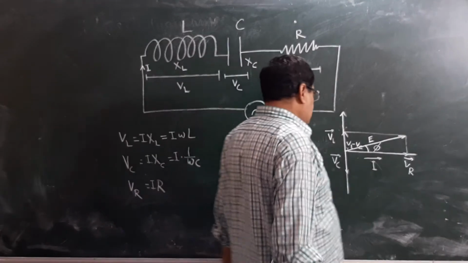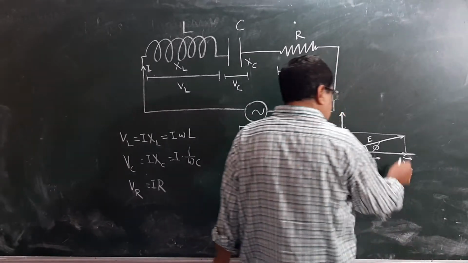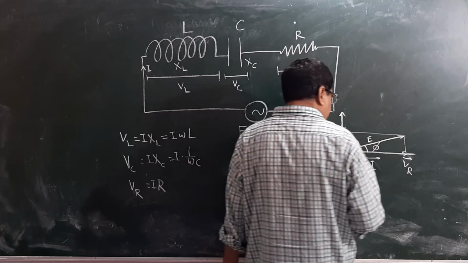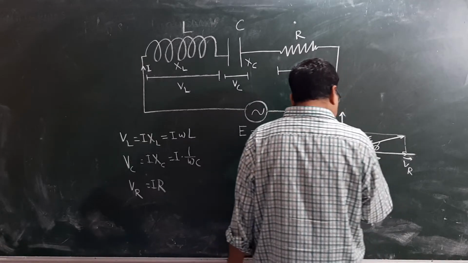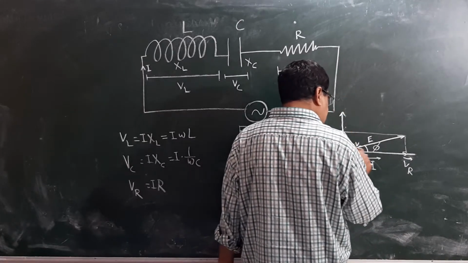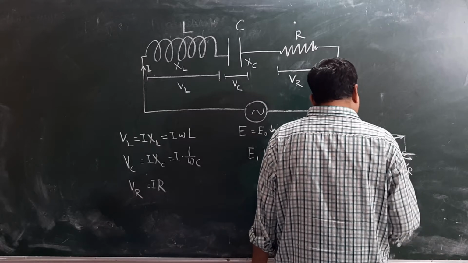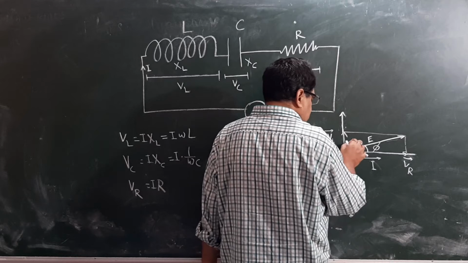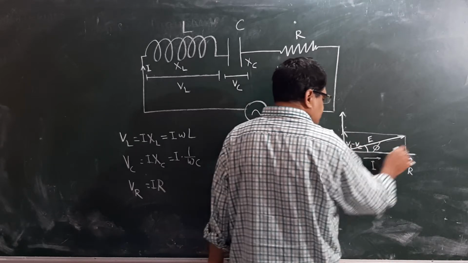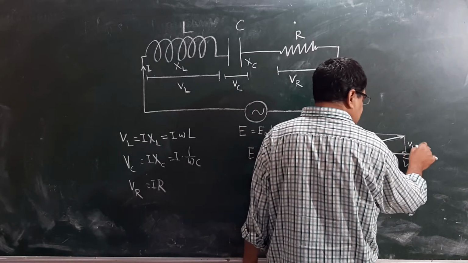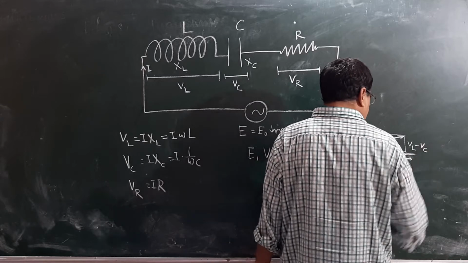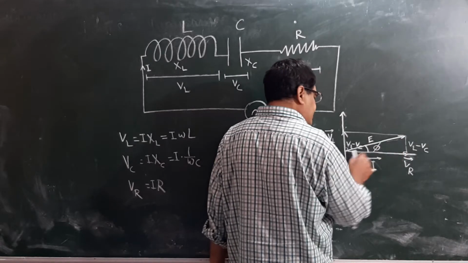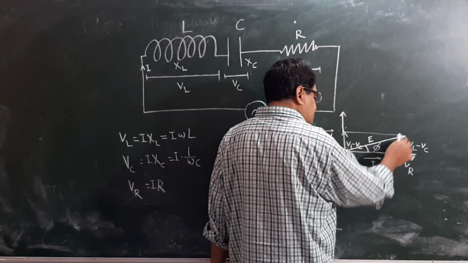Alright, so this is 90 degrees because this is a rectangle. Now, as I mentioned, this is VL minus VC and this is VR. So what is E square according to the Pythagoras theorem? So this is VL minus VC. So this will also be equal to VL minus VC. By Pythagoras theorem you can write the square of this side is equal to the square of this side plus the square of this side.